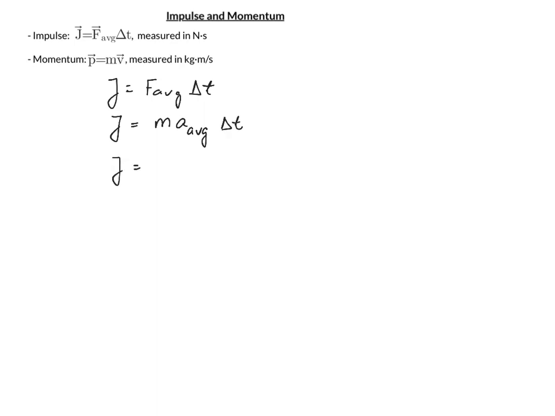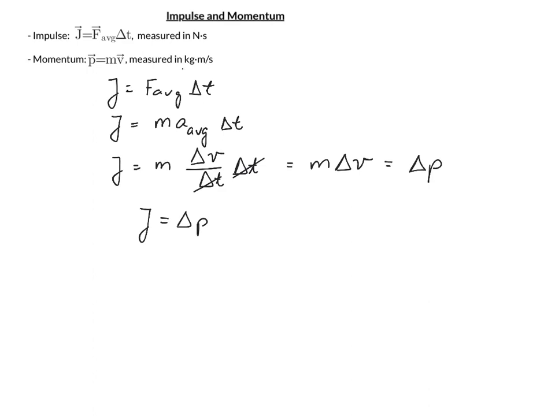So impulse is mass times average acceleration, which is delta v divided by delta t, and we multiply that by delta t. So if I cancel these two out, I end up with impulse being m delta v, or I can also call this delta p. So I notice that impulse is actually change in momentum.